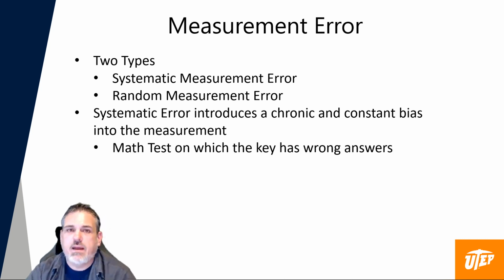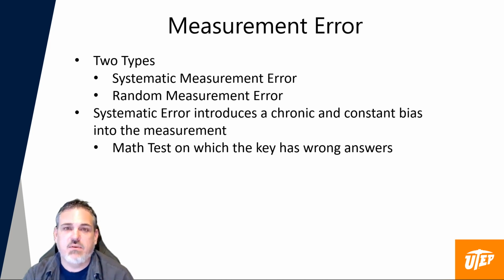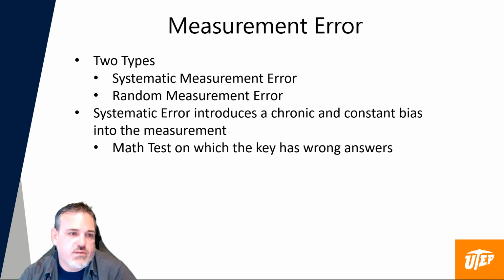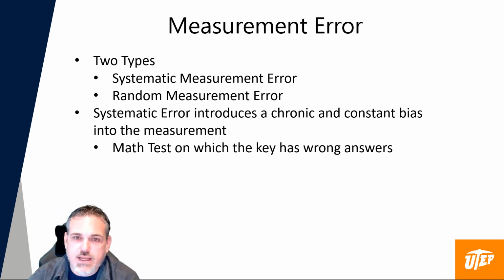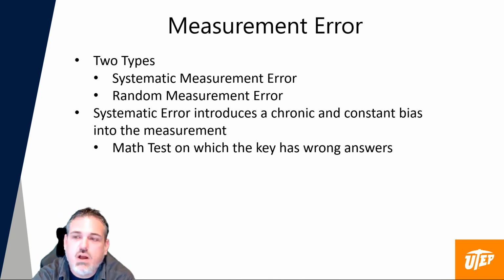Well, let's say we had a math test and that math test had wrong answers on the key. So when the instructor went through and graded it, answers would be marked incorrect that were actually correct. That's a chronic and systematic bias. It is across the board. Every student that answered the test correctly would be marked with the wrong answer.